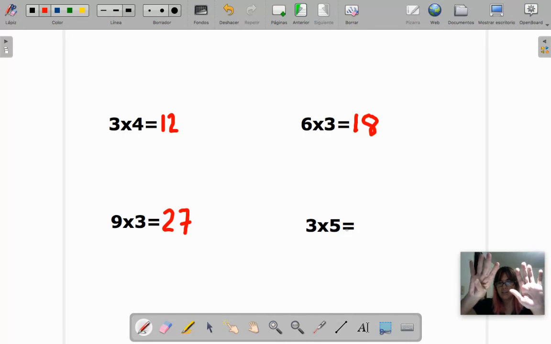So when I get to here, this is my answer. Ready? 3, 6, 9, 12, 15. So 3 times 5 is 15.